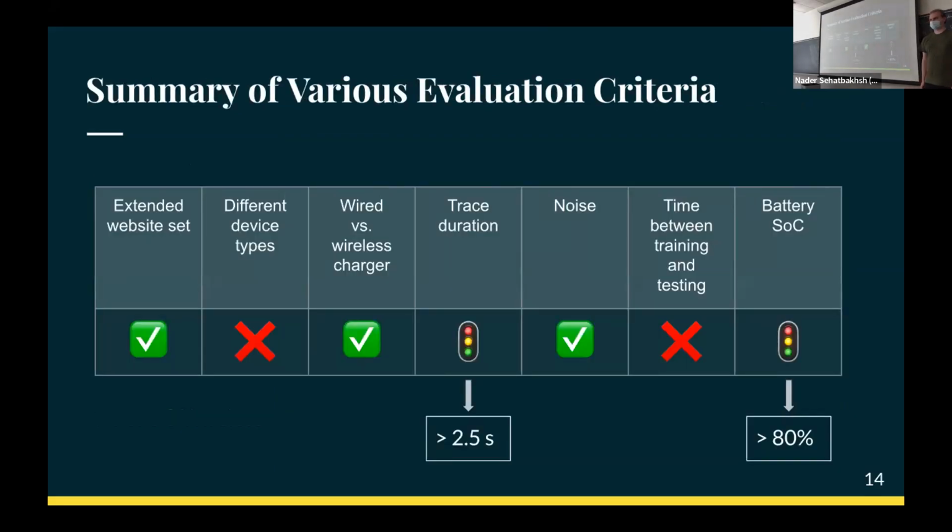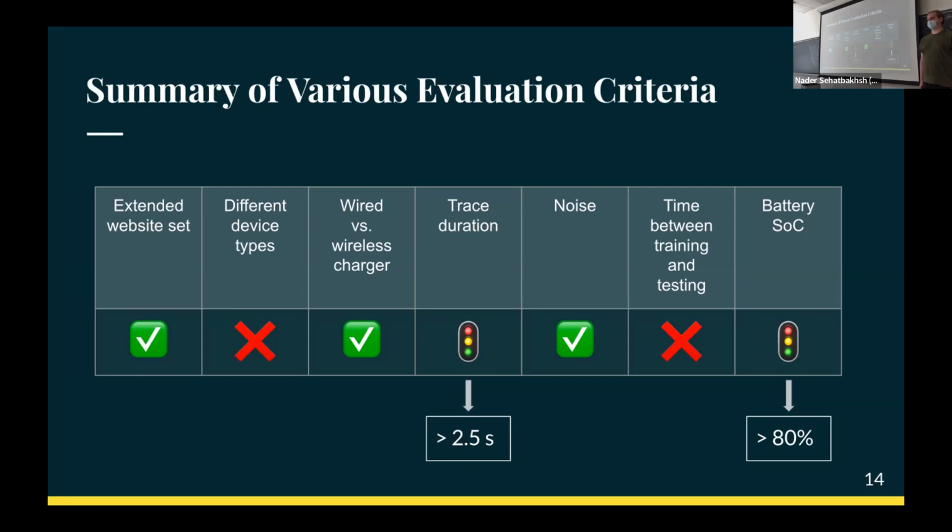This is a summary of various criteria they talked about in the evaluation. Some we have already talked about. One of the main contributions is the battery state of charge. I put traffic lights where the criteria is case dependent. This table shows if our classifier is resilient to each of these criteria. For example, for trace duration, most of the data they used had traces of about 10 seconds.